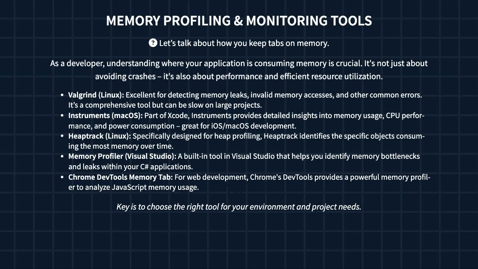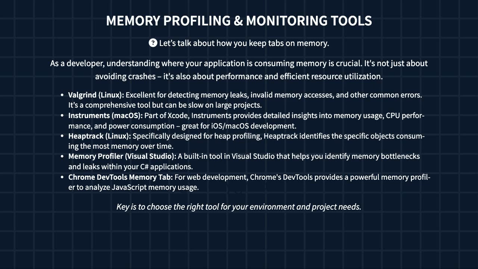Okay, let's dive into how you'd investigate memory issues. A really important skill is knowing what tools are available to help you track down where your application is using up all that precious RAM. Some common choices include Valgrind on Linux, a fantastic debugger for spotting leaks and errors. On macOS, Instruments within Xcode gives you a ton of detailed information about memory and performance.